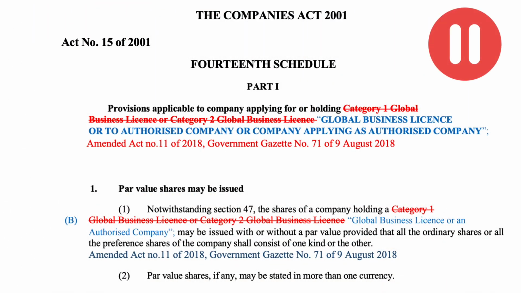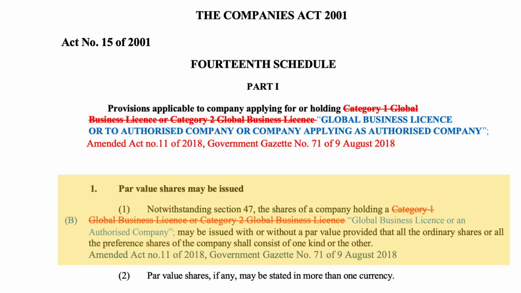This is confirmed in Part 1 of the 14th Schedule of the Act, which states, number 1, despite Section 47, a company holding a global business license or functioning as an authorized company may choose to issue shares with or without a specified par value, as long as all ordinary shares or all preference shares of the company adhere to one type.